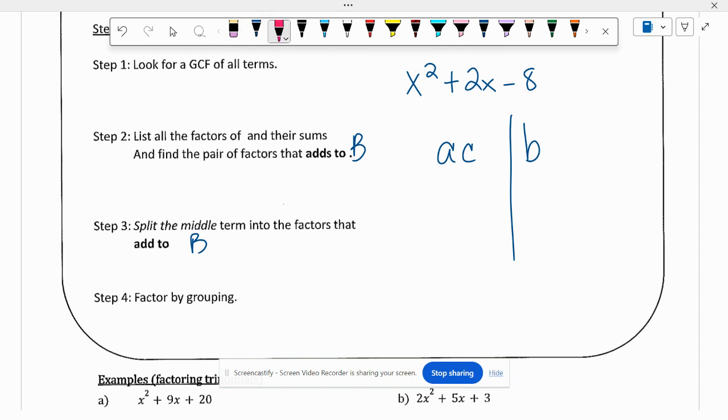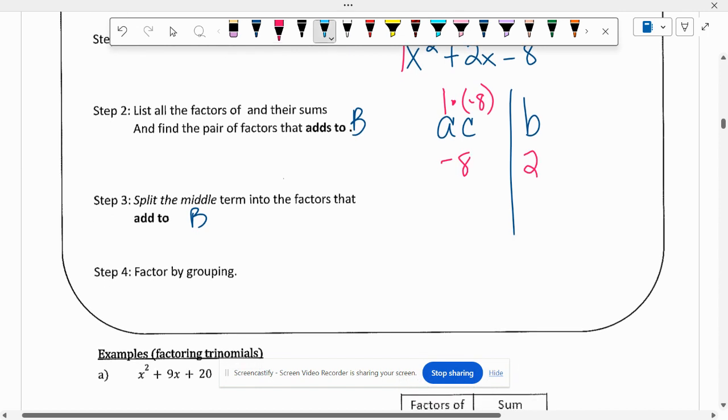When we're talking about the AC method, the value of A is 1. I just wrote it there, okay? So I have to take the value of A, which is 1, times the value of C, which is negative 8. So I'm looking for a product of negative 8 that has a sum, two terms that sum up to B, which is positive 2.